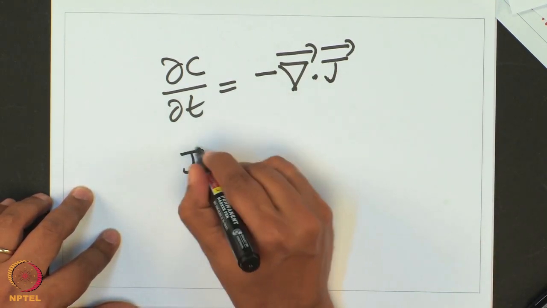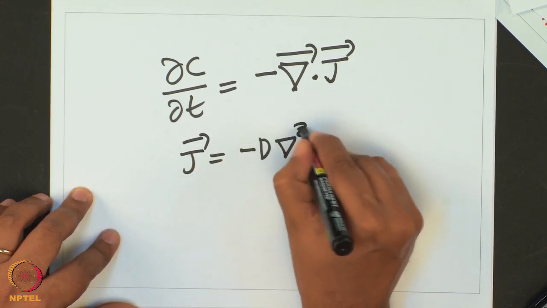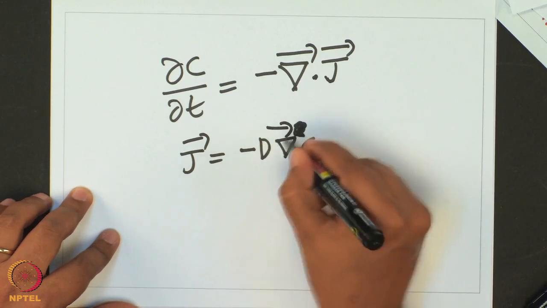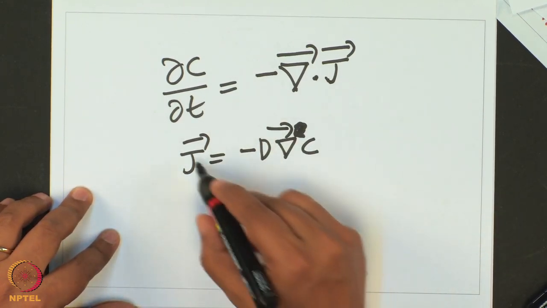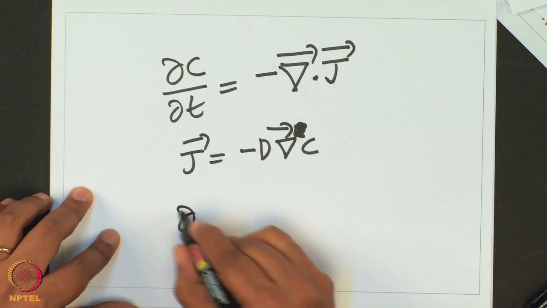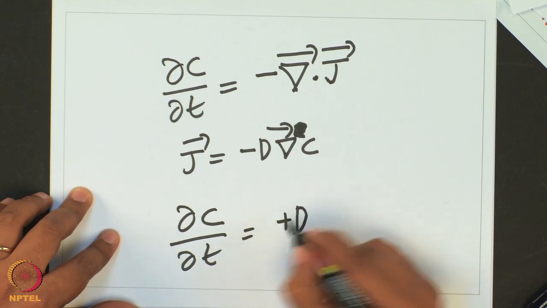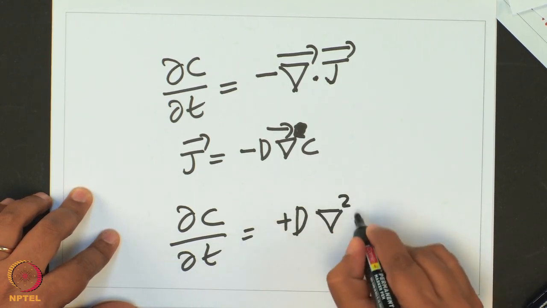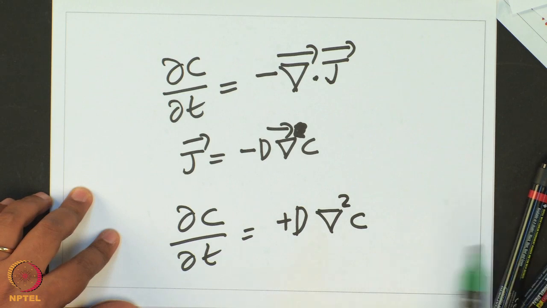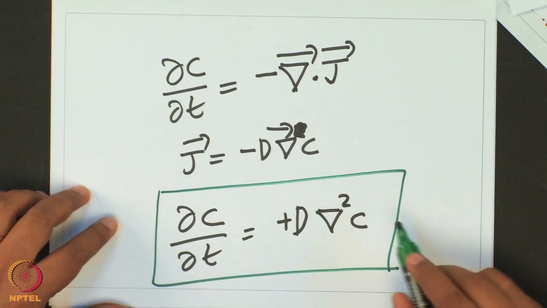Now here you substitute the vector J is equal to minus D del C, where del is a vector. If I substitute here, I will get what we just discussed, ∂C/∂t is equal to plus D del square C. Del square is the second derivative. So this is the diffusion equation that we are saying.